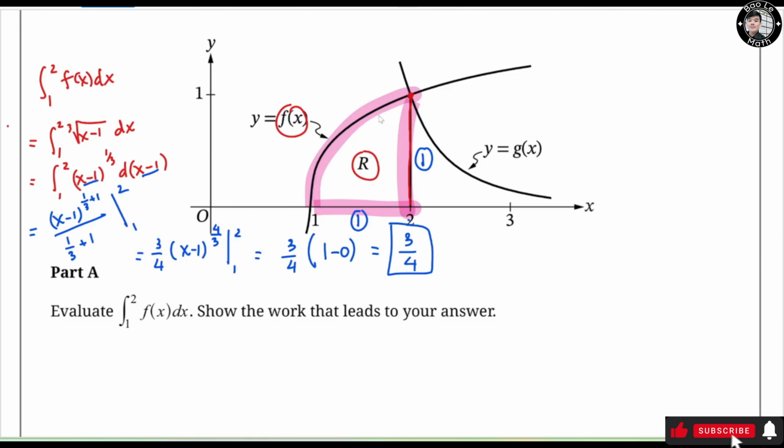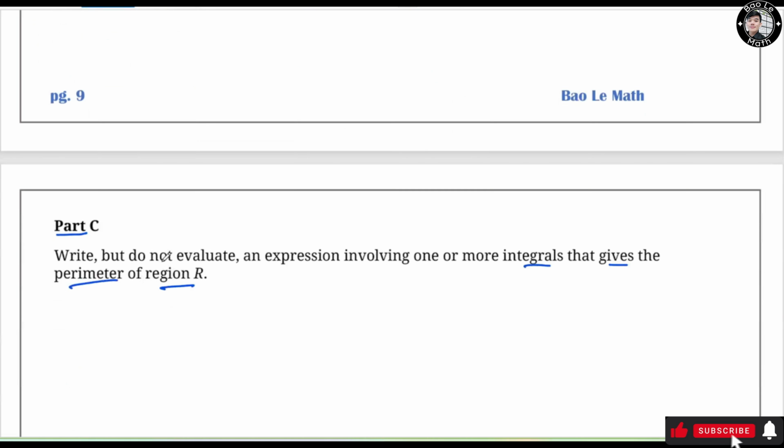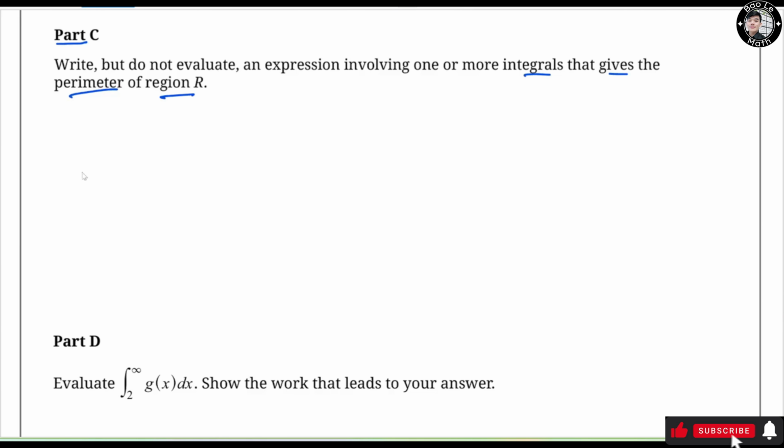Now we just calculate this one. We're going to use the arc length formula, right? So perimeter equals the integral from 1 to 2 of square root of 1 plus f prime of x altogether squared dx, right? Plus 1 and 1 right here.